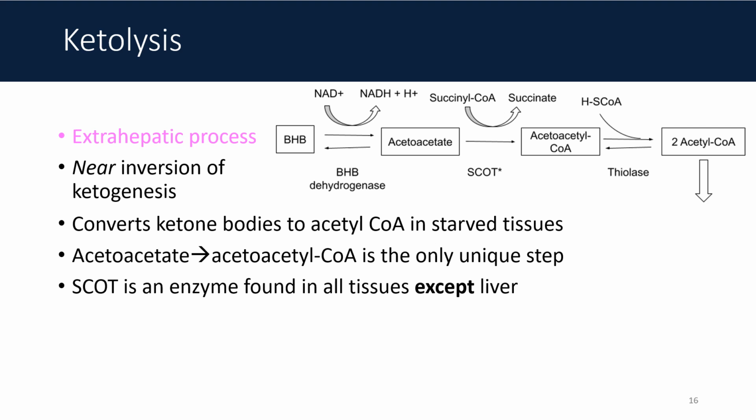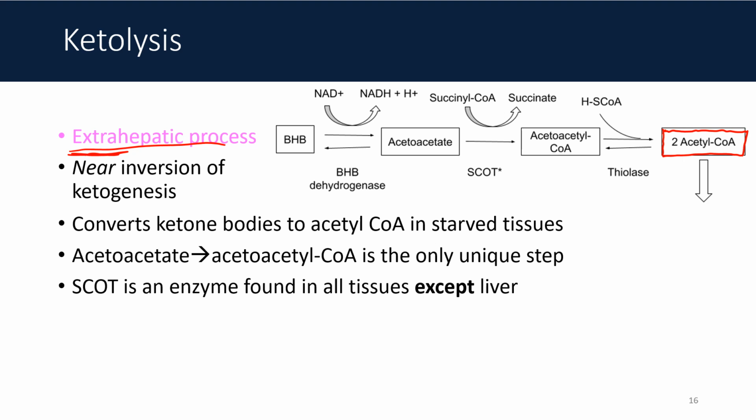Ketolysis, the reverse of ketogenesis, is what we call an extrahepatic process, which means that the regeneration of those two acetyl-CoA units that we initially packaged into the ketone bodies is going to occur predominantly outside of the liver.